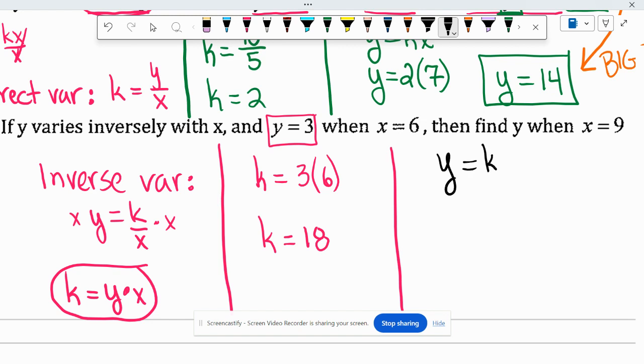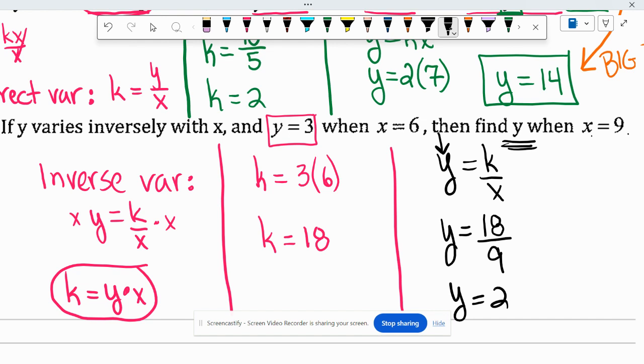Y equals K divided by X. It asks, what is the value of Y when X equals 9? Well, Y equals my constant, K, which is 18, divided by 9. So Y equals 2.